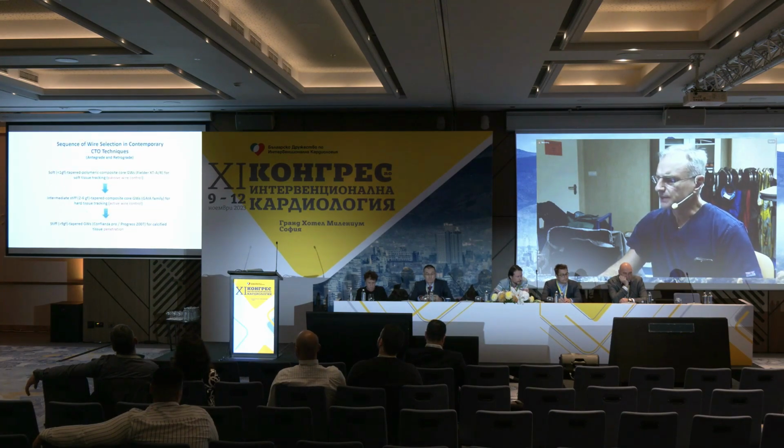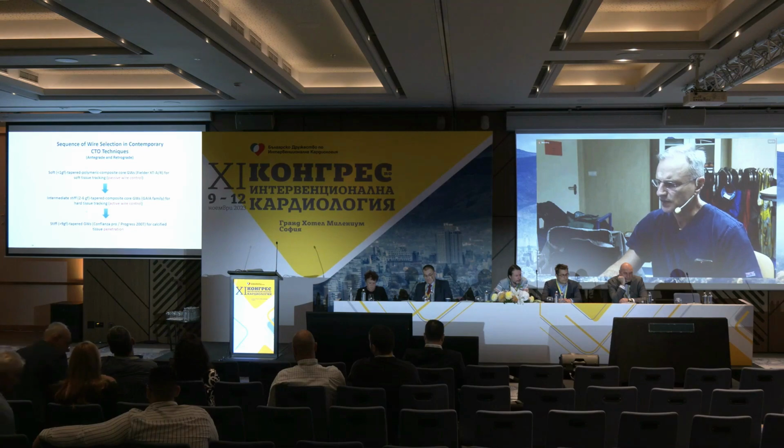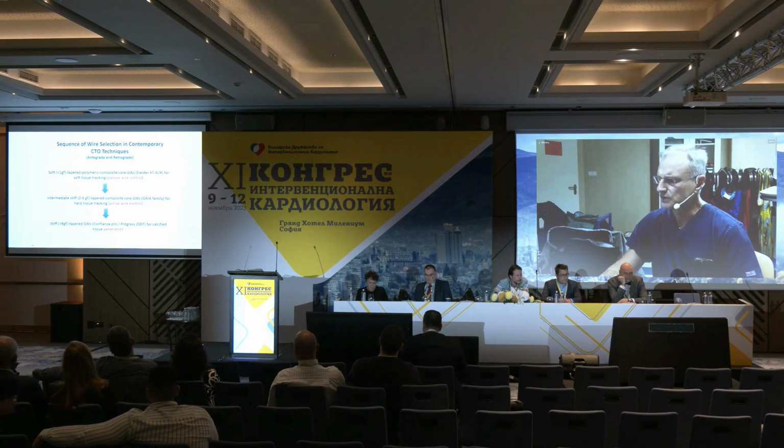And we shifted from the passive wire control with soft wires that are less than 1 gram, such as the Fielder XTA and XTR, to wires of intermediate stiffness that are active wire control, especially the Gaia family. And these wires are accounting for more than 50% of success rates. These wires are accounting for around 20-25%.